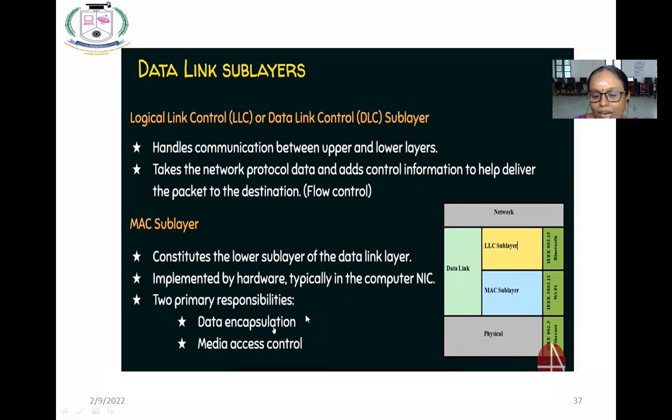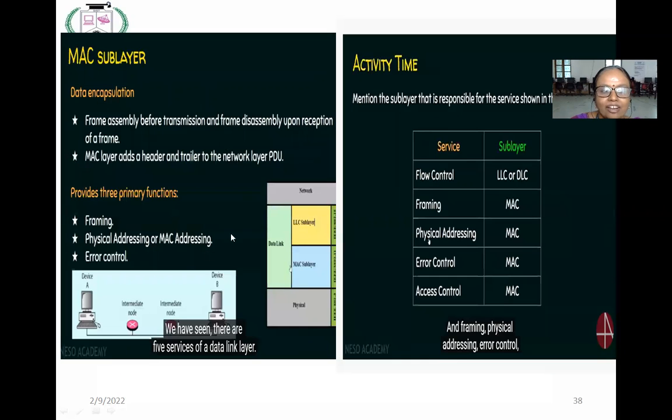It has two primary functions, data encapsulation and media access control, and that will be done by the MAC layer. In that, these five purposes are served by the data link layer: flow control, framing, physical addressing, error control, and access control.